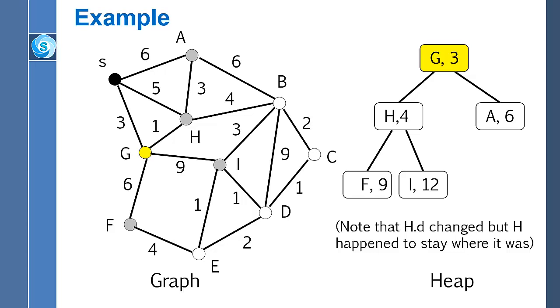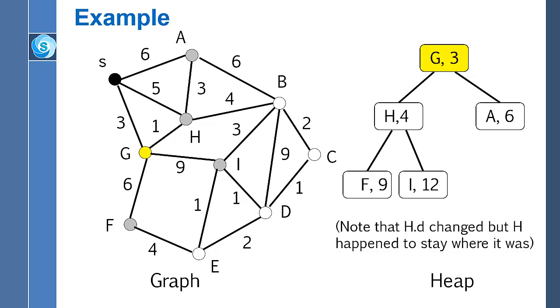And in a very similar way, vertex I gets added with a priority 12 because we'll have changed capital I dot little d to 12, 12 being the shortest known distance from S to capital I. All right, so we added 2 new nodes to the heap.